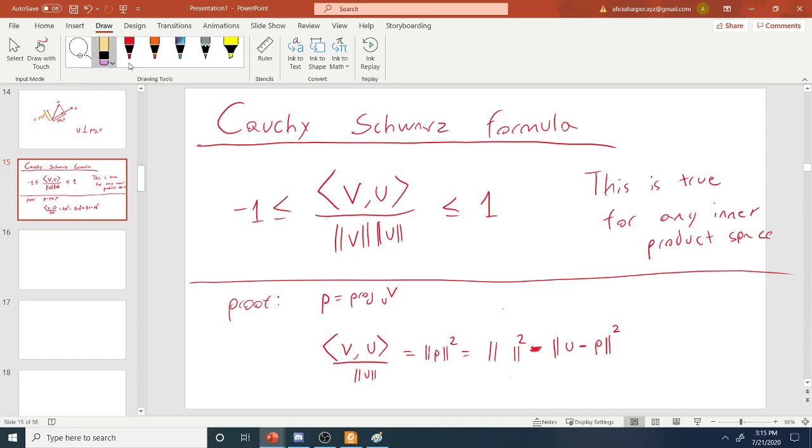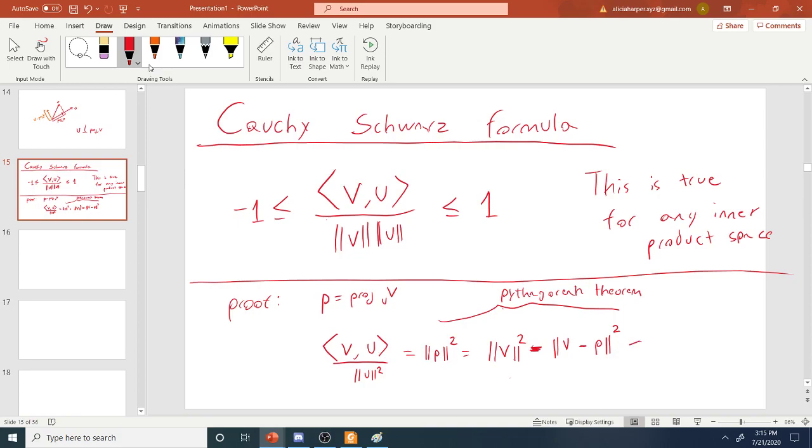I'm sorry, this should be the norm of v squared minus the norm of v minus p squared. This equality right here follows from the Pythagorean theorem. And there's one thing that's slightly off here. This should have been a square in order for this first equality to be true.